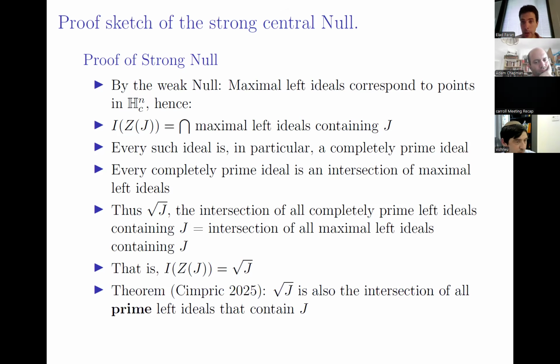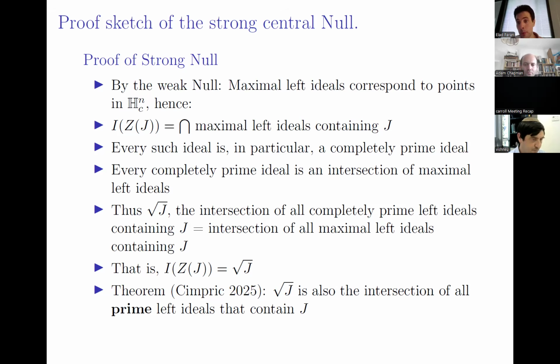Now, I should note that there was a theorem proven a few years later by Jakob Simprick, who looked at our work and asked himself, can we replace completely prime left ideals by just prime left ideals? Even though in general the notions are not the same, for this particular theorem it works. You can define the radical by using prime left ideals rather than completely prime left ideals.